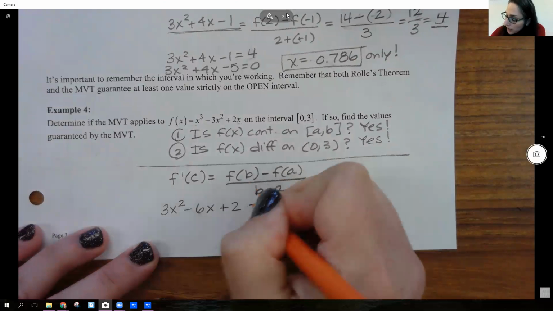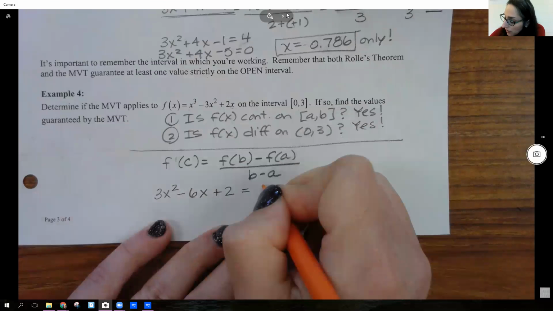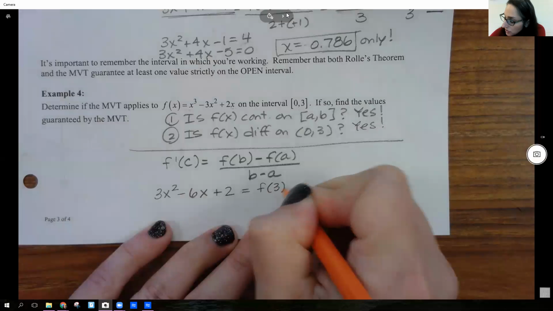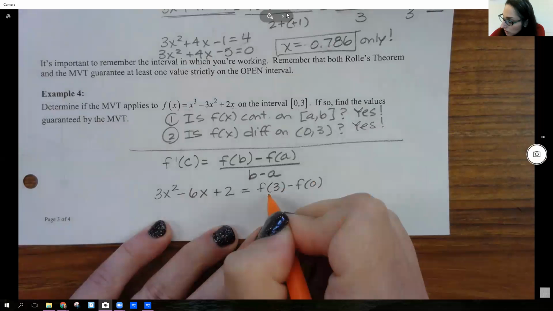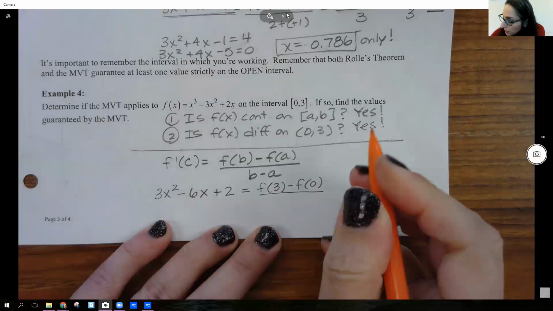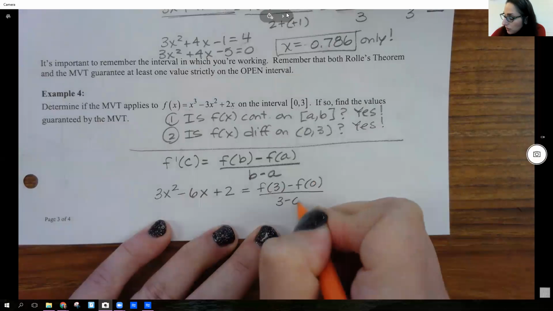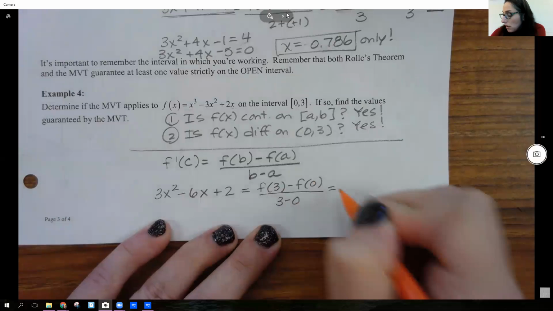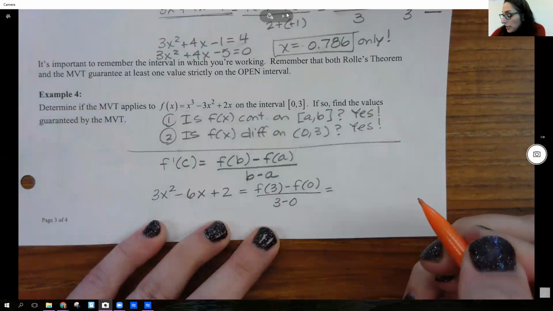Your endpoints are 0 and 3, so f of 3 minus f of 0 all over 3 minus 0. What is f of 3?